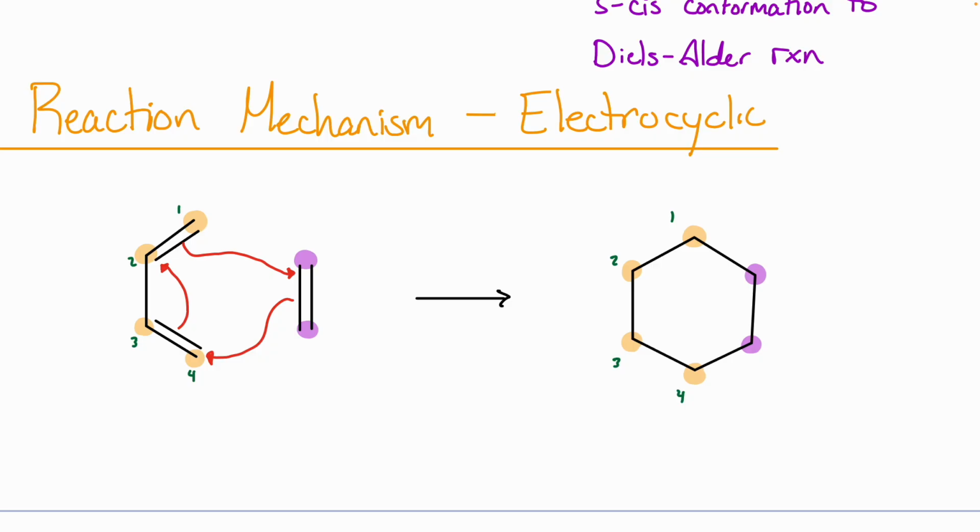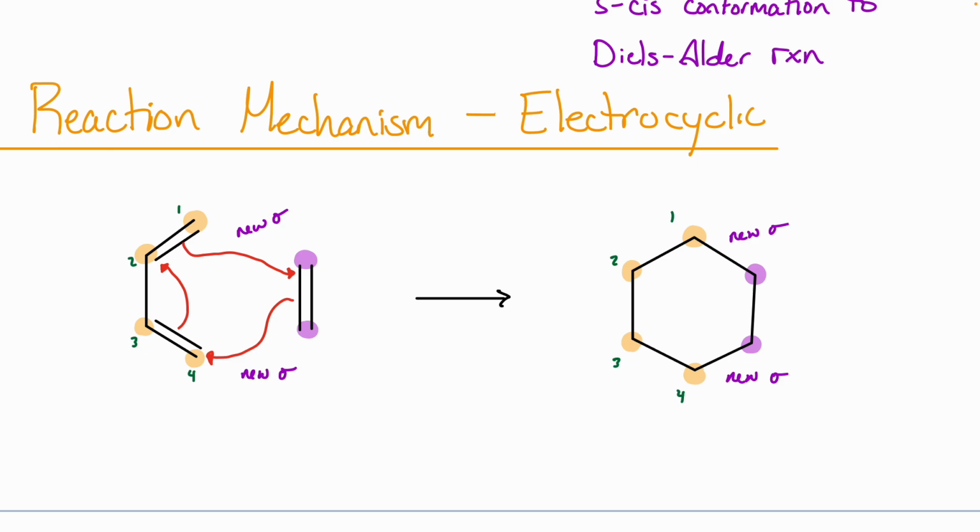Well, let's note that now we have this new sigma bond that's formed. Right, I have a new bond between my orange and purple carbons. I know my colors. All right. I have another new sigma bond down here. Right, another new bond between the orange and purple carbons.